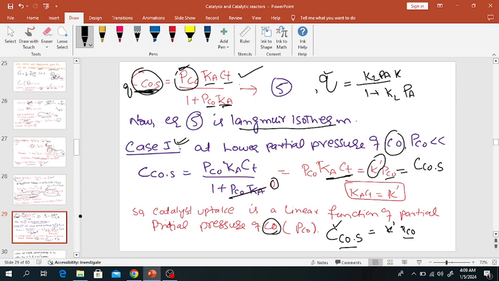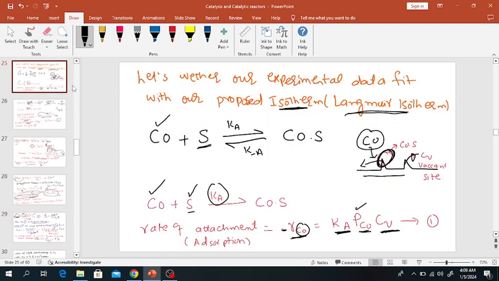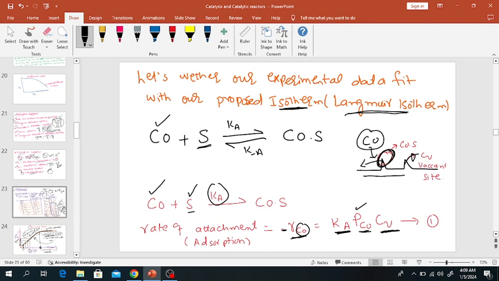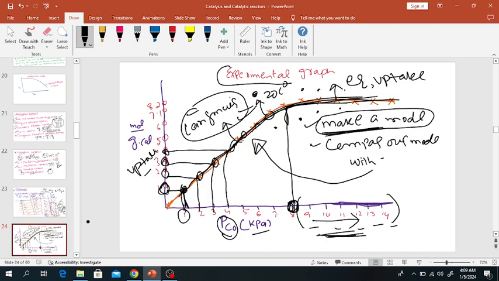Now you can see from the graph, I am using some other color. This is the low pressure region, up to 8.